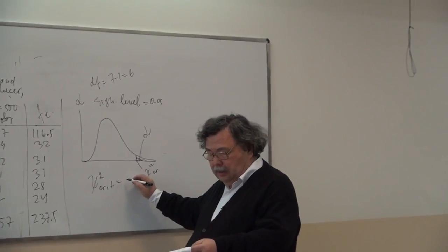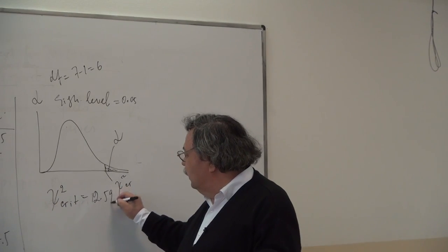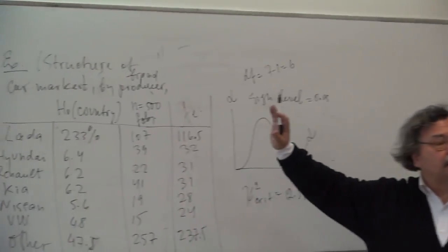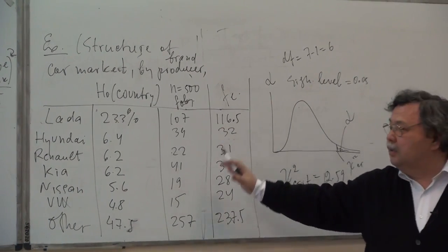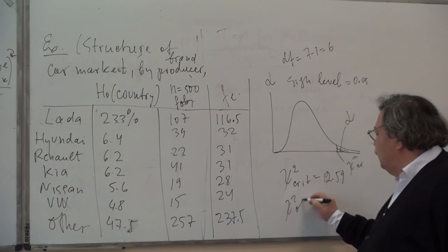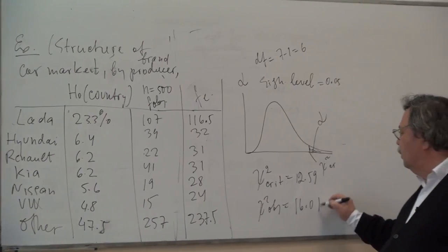Now it is 12.59, and using these findings, the actual sample data, we compute chi-squared observed, and it happens to be 16.01.